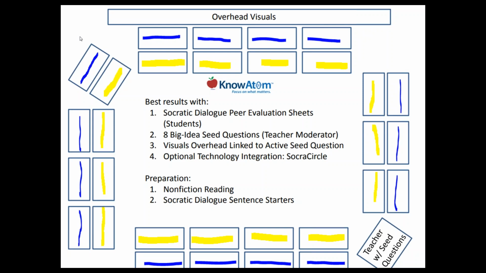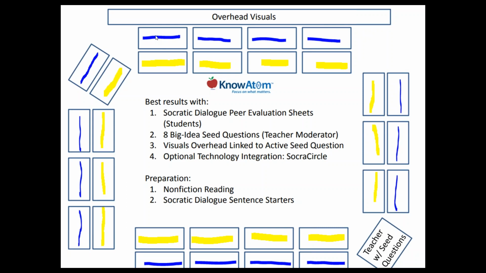What happens in the outer circle is nonverbal. The outer circle uses, in our case, peer evaluation sheets to hold their partners accountable who are on the inner circle. So you can imagine this student is partnered with that student. It can also happen where this student sits next to that student. It's just that one of those students is verbal on the inner circle, the other one is nonverbal on the outer circle.